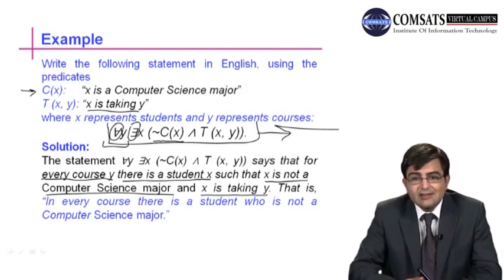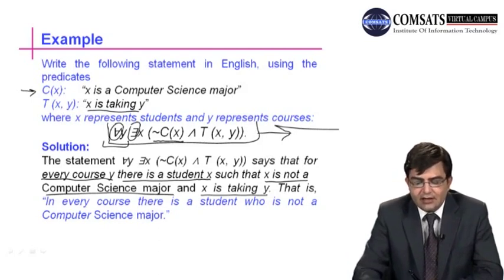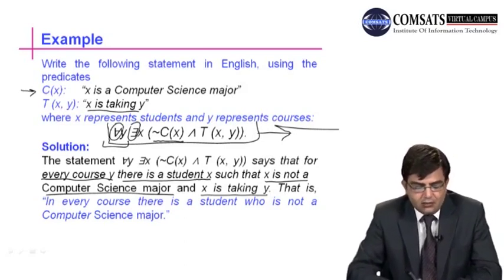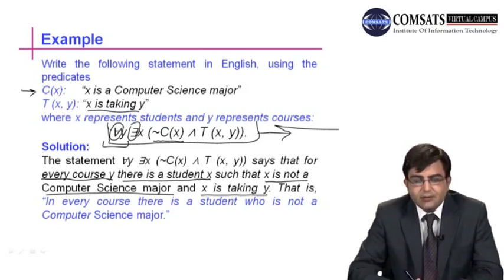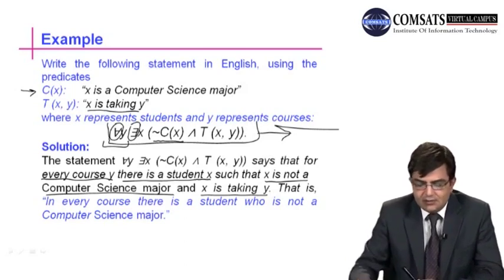So there exists some course in which every student is a computer science major, because here we also have to take the negation of this. The negation of not a computer science major is a computer science major.